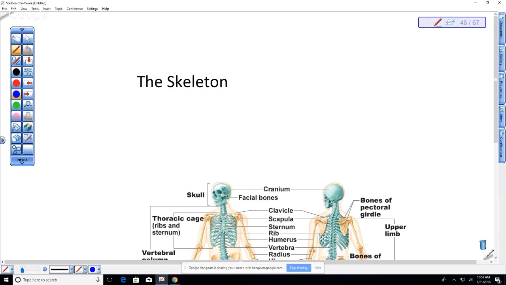So we are moving on to the next chapter, which I believe is chapter 7. So we're going to talk about the skeleton. And the first thing that we're going to talk about is the axial skeleton.